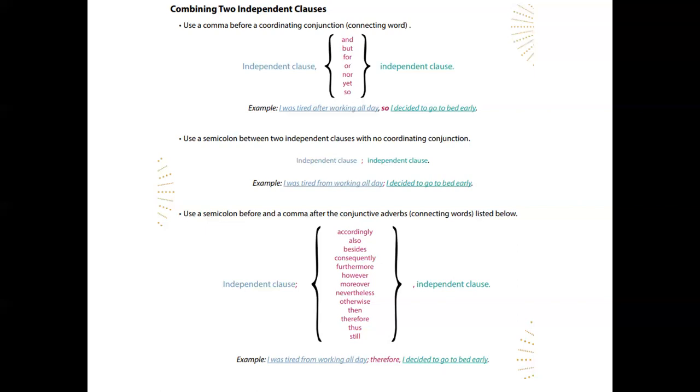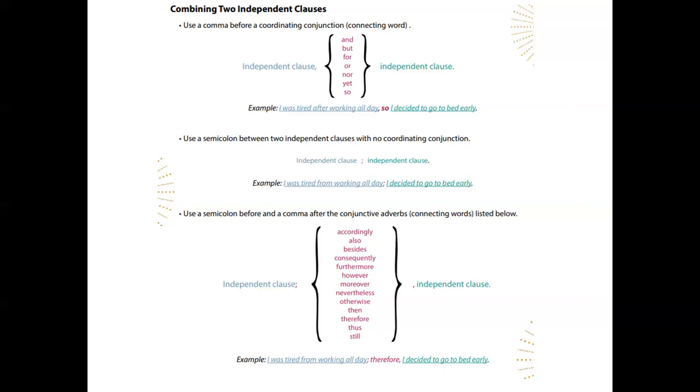So we have accordingly, also, besides, consequently, furthermore, however, moreover, nevertheless, otherwise, then, therefore, thus, still. Then a comma after the conjunctive word, then another independent clause.